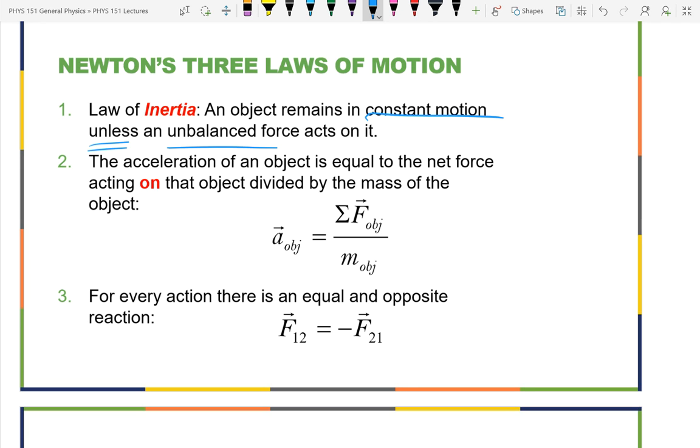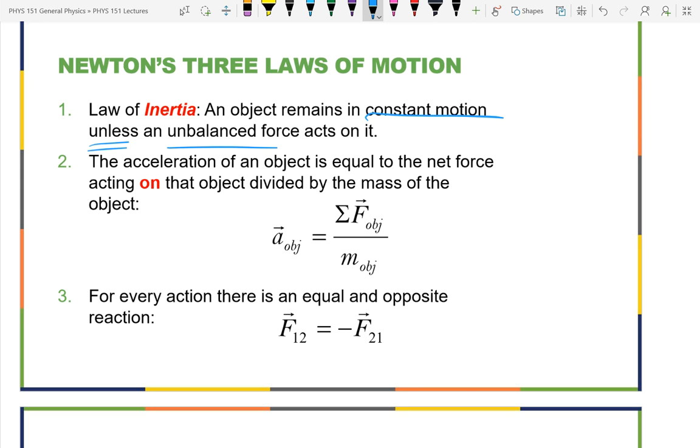Now, Newton's second law makes the first law superfluous. The second law says that the acceleration of an object depends on the forces acting on its mass. Specifically, the acceleration of an object is equal to the net force acting on it divided by the mass.